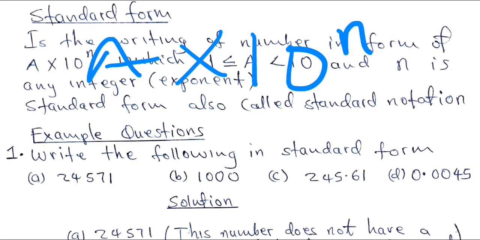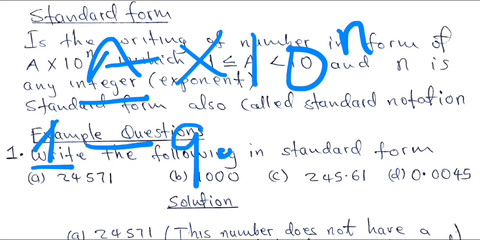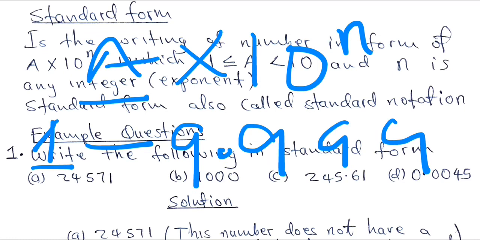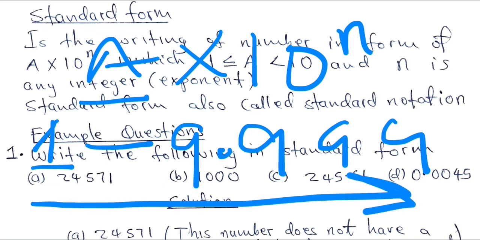What does it mean? This a is supposed to be a certain number which lies between 1 up to 9.999. Don't exceed 10. It's supposed to be between 1 up to 9 point something, not 10, because when you write 10, this 10 is out of our boundary.